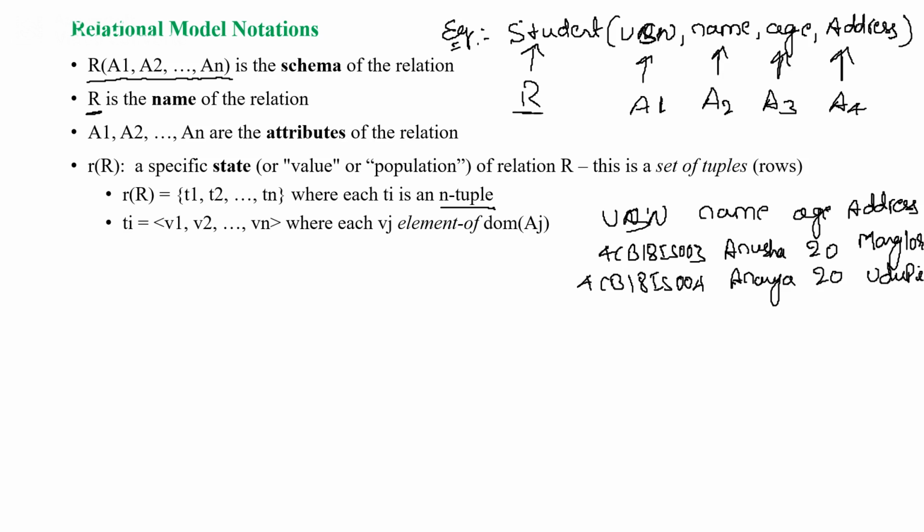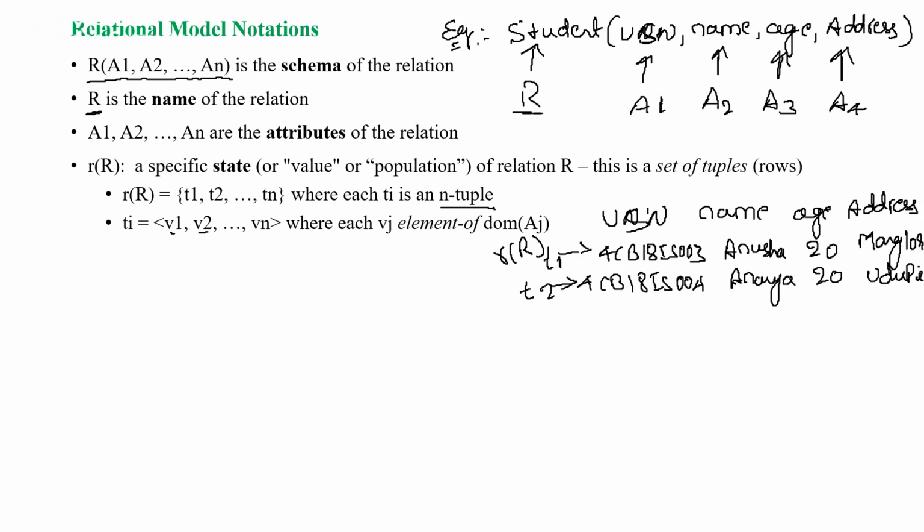So these are some sets of r of R, where this is t1, this is t2, and so on, and you may have many tuples. Each ti represents the values v1, v2 up to vn, where each vj is an element of the domain of Aj. I told you domain is nothing but a data type, and with respect to the data type we store the values v1, v2, v3 and v4.